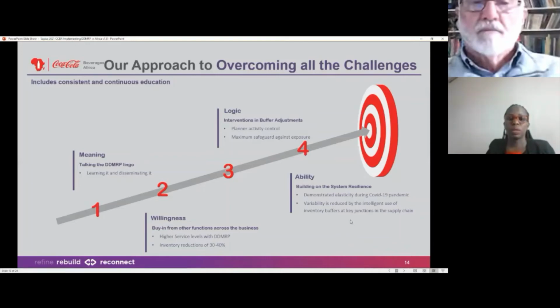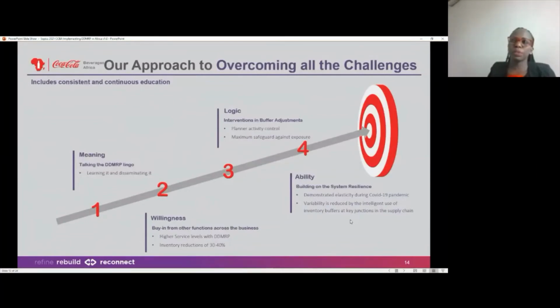Then also the logic. These are the interventions in the buffer adjustments. This is really a support function, and it is entirely to the planner activity controls, where you have to run the advanced planning module to be able to see the order recommendations.